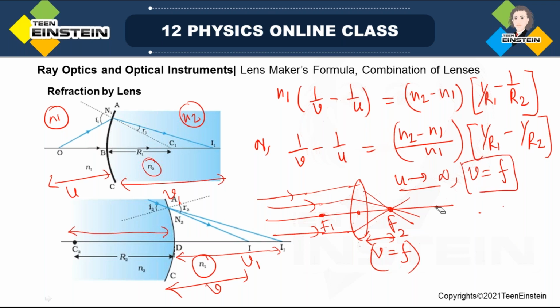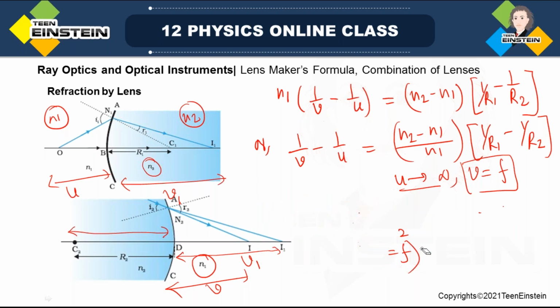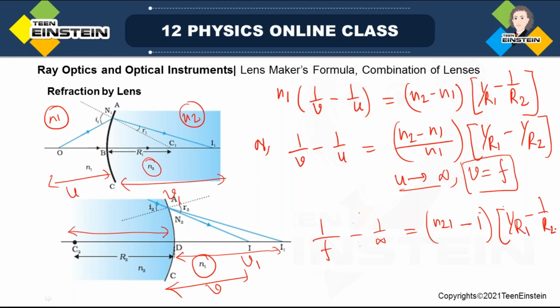After this approximation, we can rewrite the formula: 1 over V is replaced with 1 over f, and 1 by infinity is 0. Here I write N2 over N1 as N21, minus 1, along with 1 by R1 minus 1 by R2.